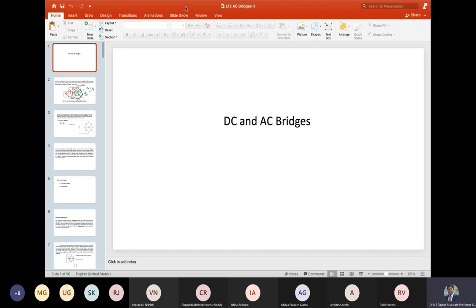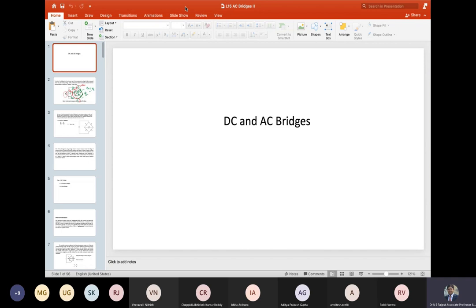So for the sake of frequency measurement, AC bridges are also used. Today we will see some more bridges. We have already seen Hay's bridge and Maxwell's bridge in the last class, so let us go further into this.